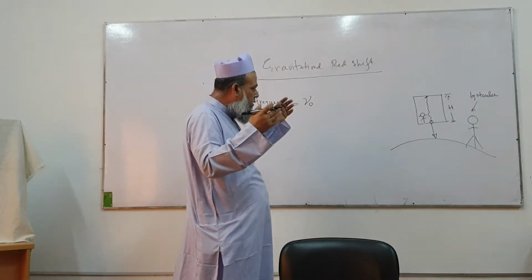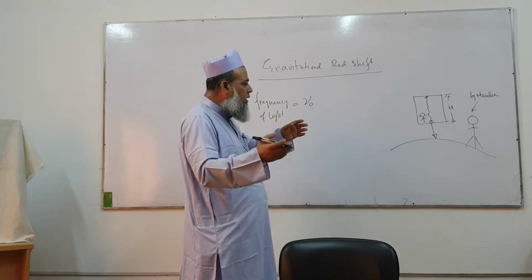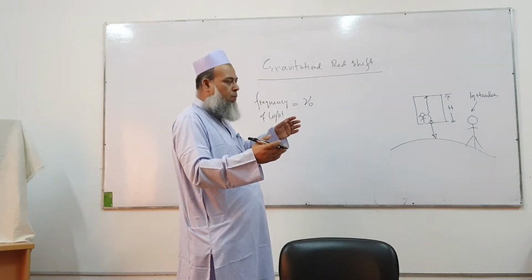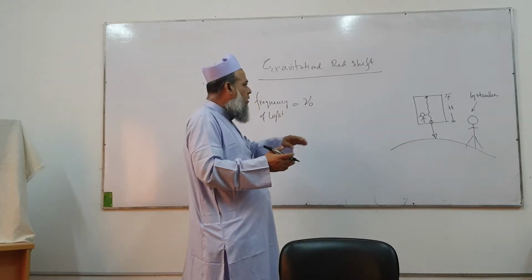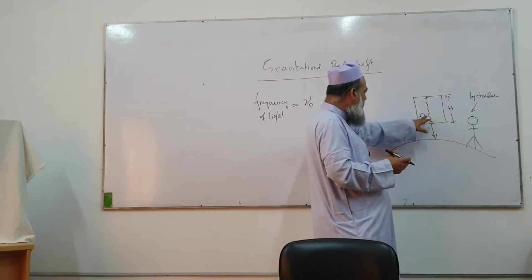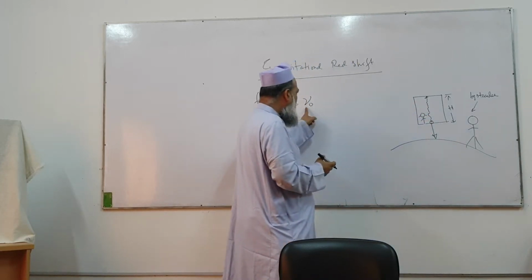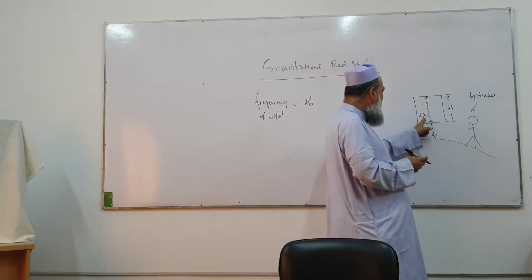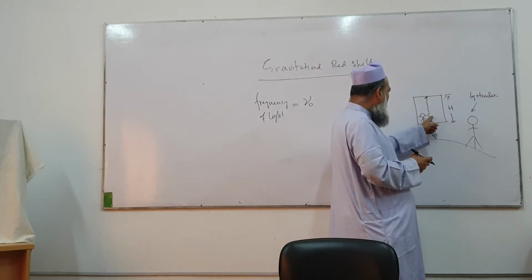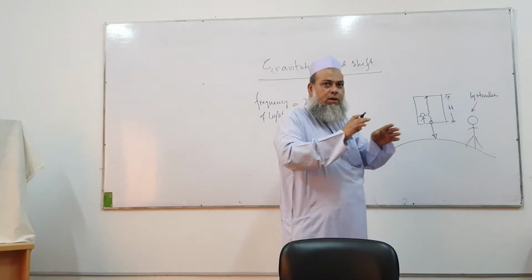He is experimenting from outside the elevator. Now, although the observer within the elevator does not see any change in the frequency nu naught, because he is inertial, the light and him, the observer and the light, have no relative acceleration.